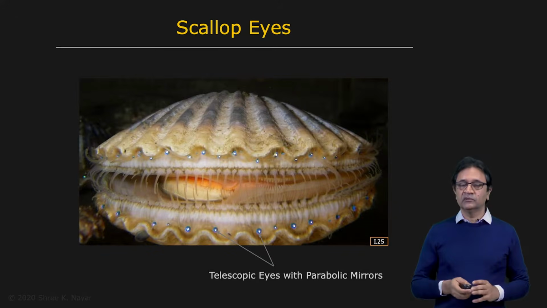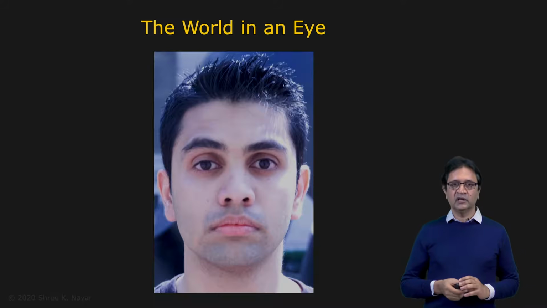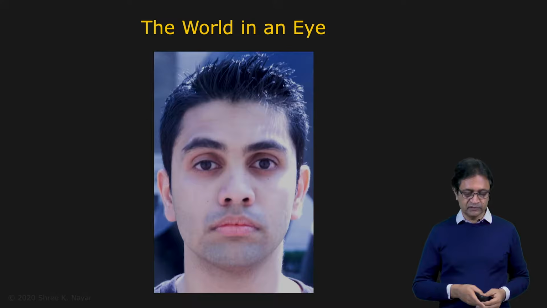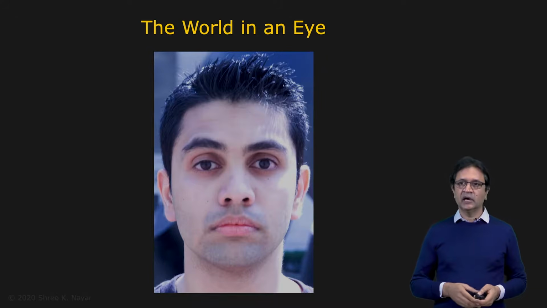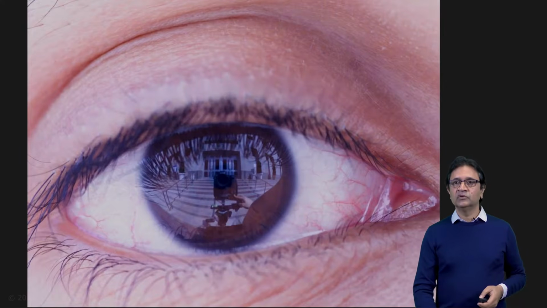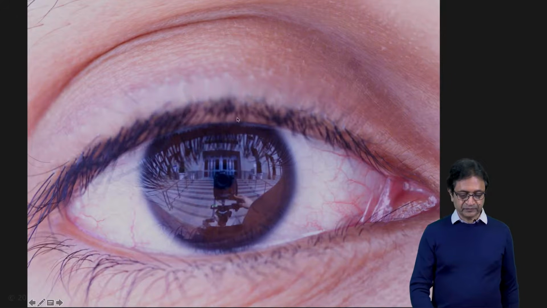Now I want to show you the last example of wide-angle imaging. I would say that this one is half biological and half computational. So here is a high-resolution image of a person, and if the image is of really high resolution, what you should be able to do after the fact is zoom into one of the eyes of this person and see something like this.